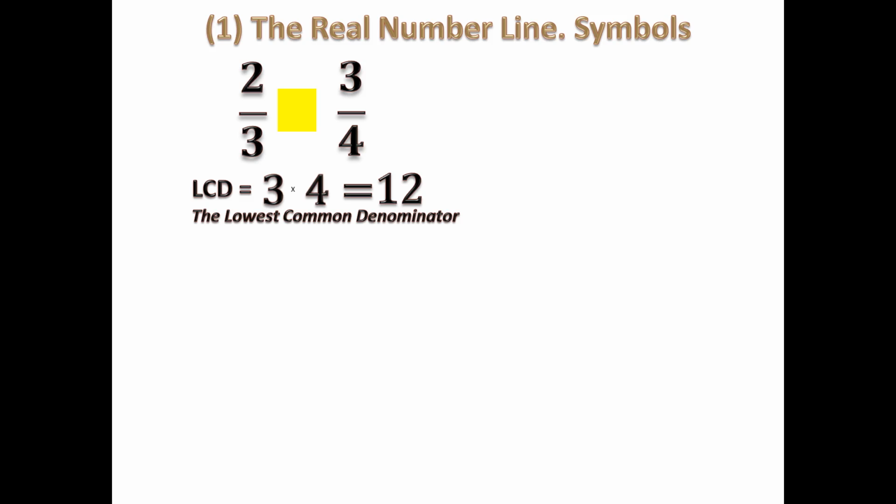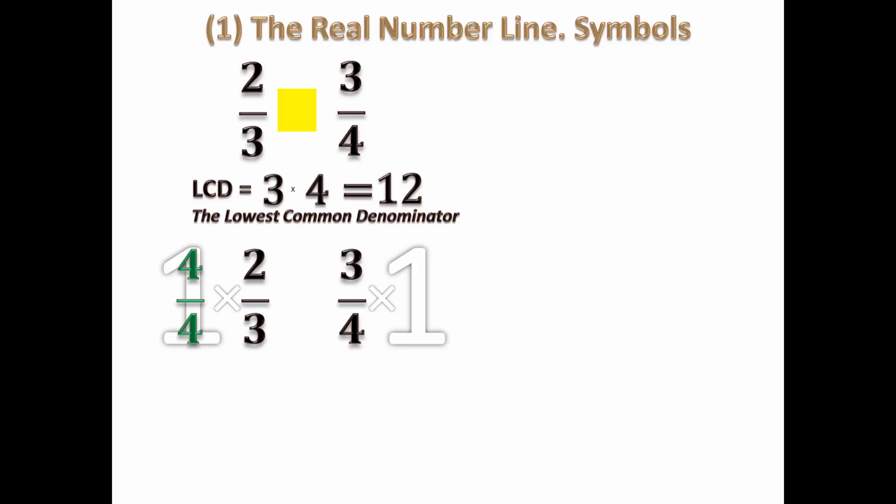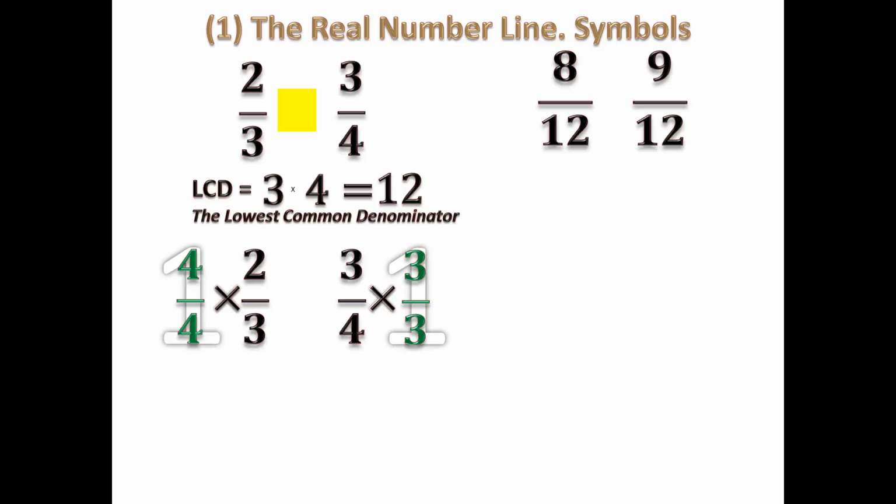Then, if we multiply each fraction by 1 using 4 over 4 and 3 over 3, as a result, we have two fractions with the same denominator, 12. So now we can repeat the steps which we used before.